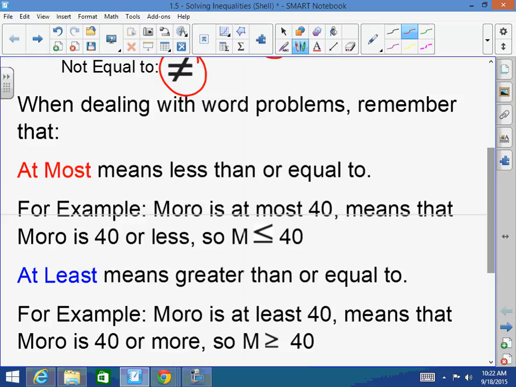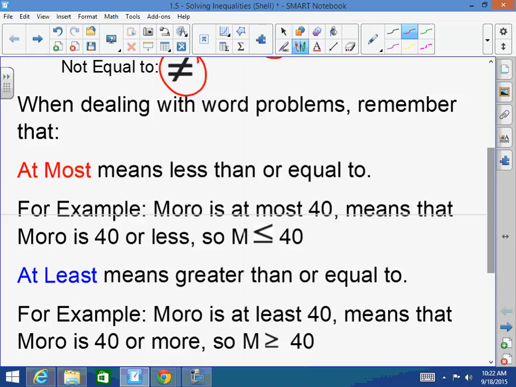A couple things that I want to capitalize on for you when dealing with word problems involving inequalities are the words at most and at least. At most means less than or equal to. For example, Morrow is at most 40 years old.